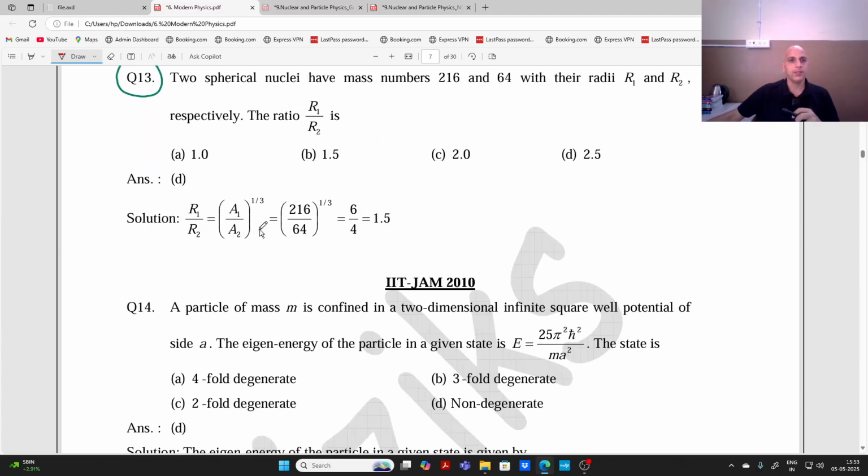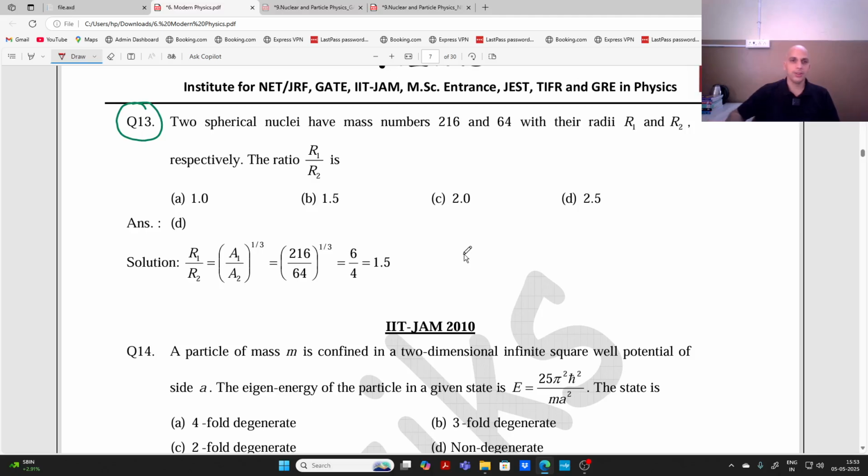Here the question is a very simple question that is asked from the first topic of that chapter, that is linked with the nuclear radius. R is equal to R naught A power 1 by 3. This was the relation. Two spherical nuclei having mass numbers, with radii, the ratio.